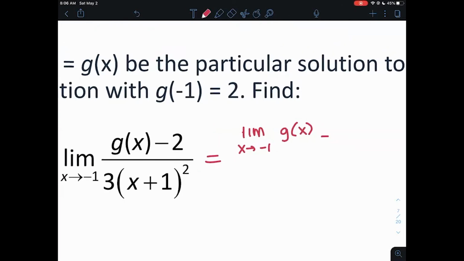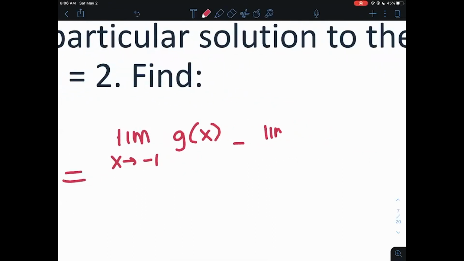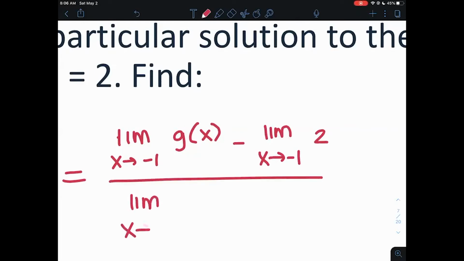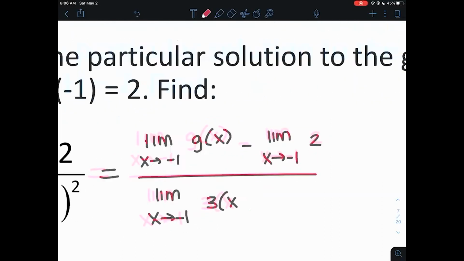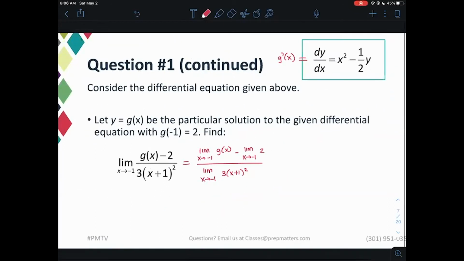into the limit as x approaches -1 of g of x, minus the limit as x approaches -1 of 2, all divided by the limit as x approaches -1 of that denominator, which is this. And when we evaluate that, this is the part that we have to pull from the question.